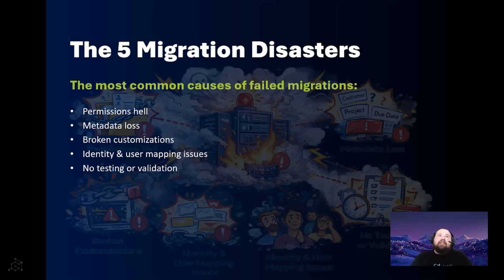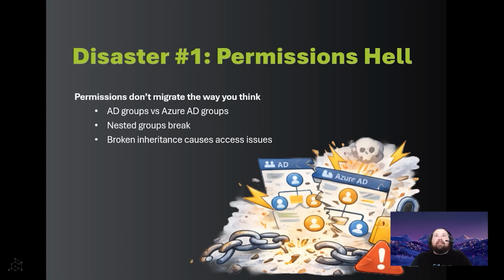Now, to break down each one, basically, permissions. You've got perhaps a file share, online or offline, servers locally hosted, which have relied on your Active Directory groups or security groups that you've implemented locally.